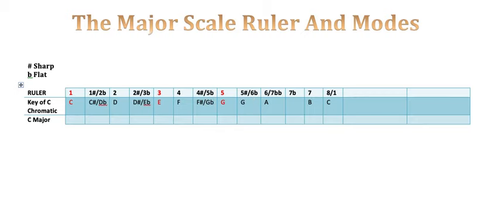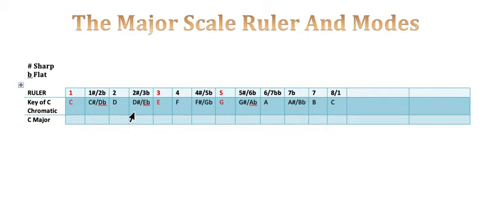And up here, G sharp, or A flat. And you go to A, and this gives you A sharp, or B flat. And you go to B and then C. That's the formula of the chromatic scale.